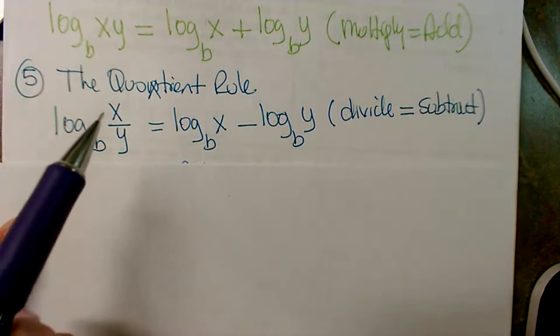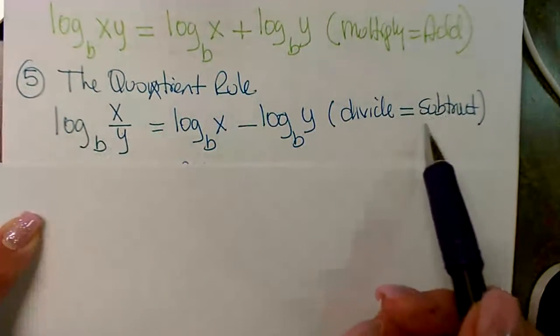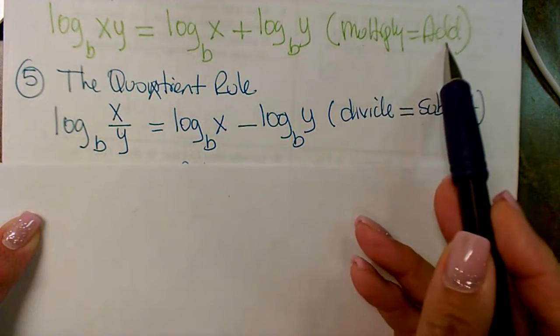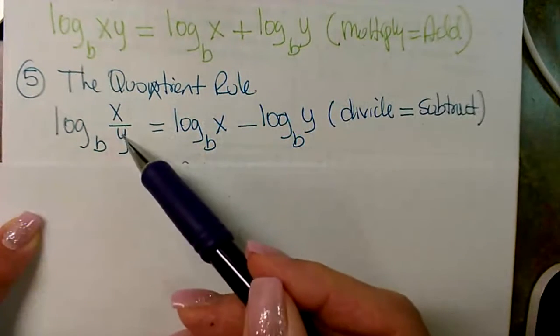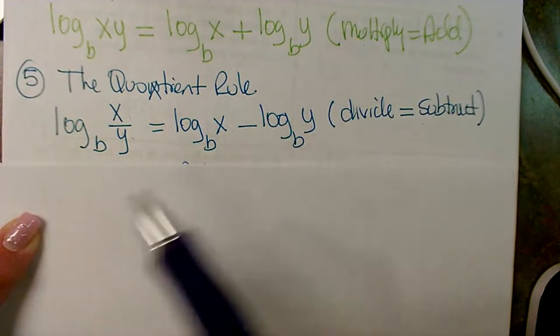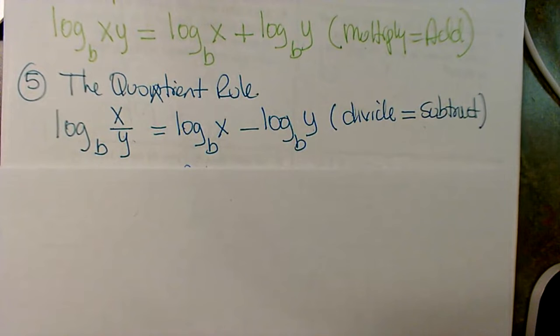The quotient rule. Division is equal to subtraction. When you see the division, you say log base b of x minus log base b of y.